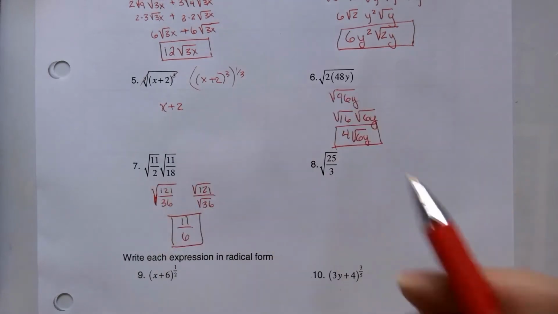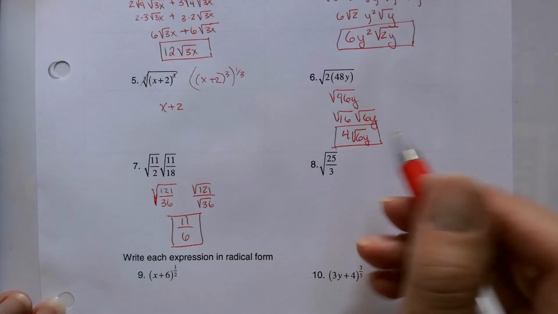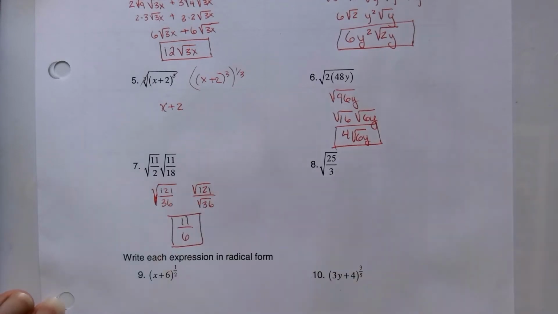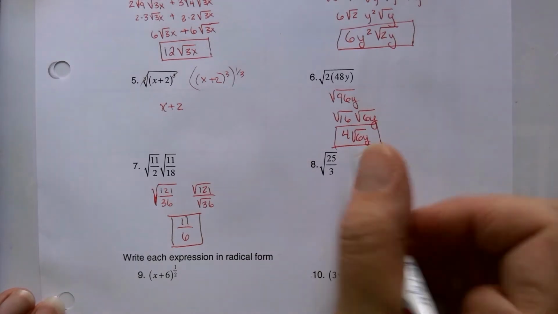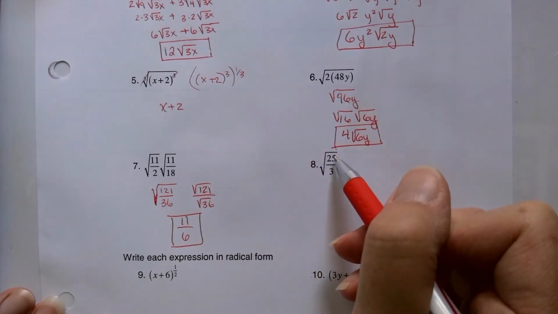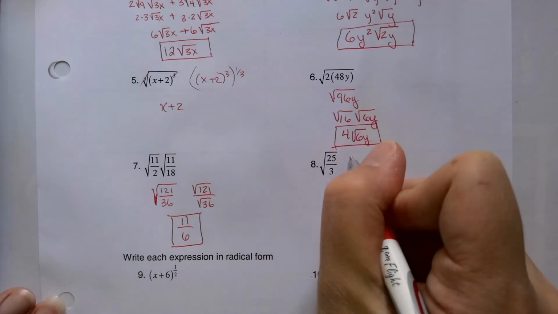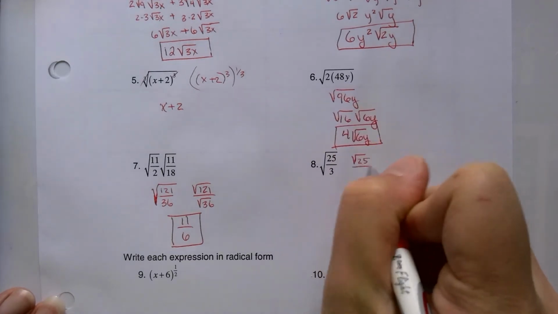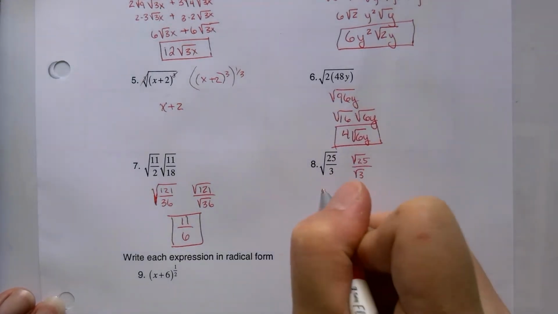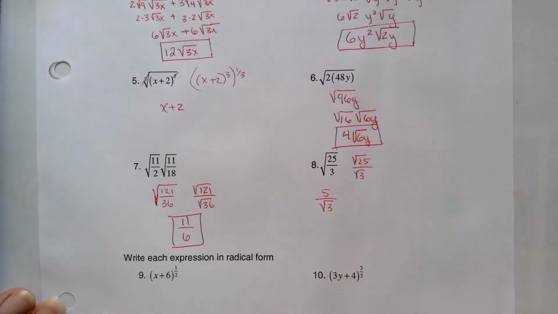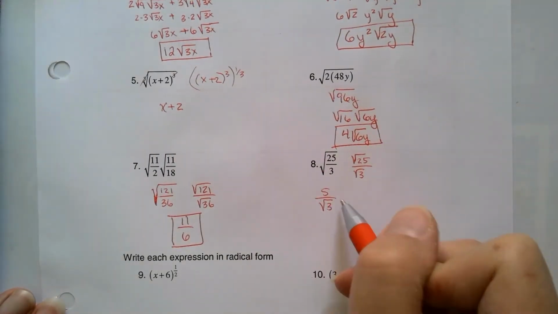Okay? Now over here, I can't. The 25 and 3 don't reduce. That's the first thing I always look for, is can I reduce? The next thing I'm looking to see is, 25 is a perfect square, 3 is not. So square root of 25 over square root of 3, if you want to show that, I get 5 over the square root of 3. You can't leave that because it's not rationalized in the denominator.